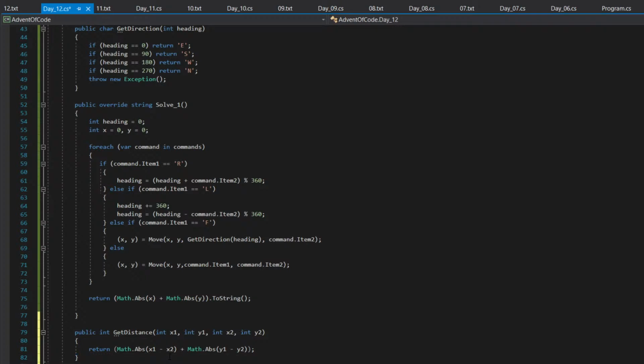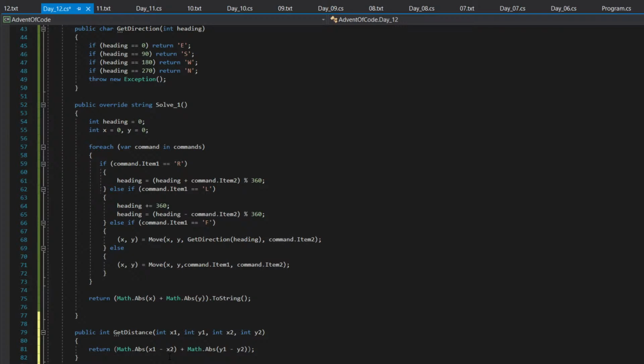And then we also need a function that says move waypoint. Let's see, what do I need to do? Move waypoint around? Yes.